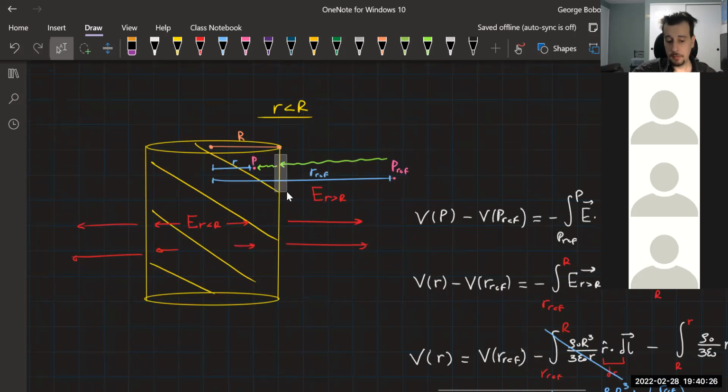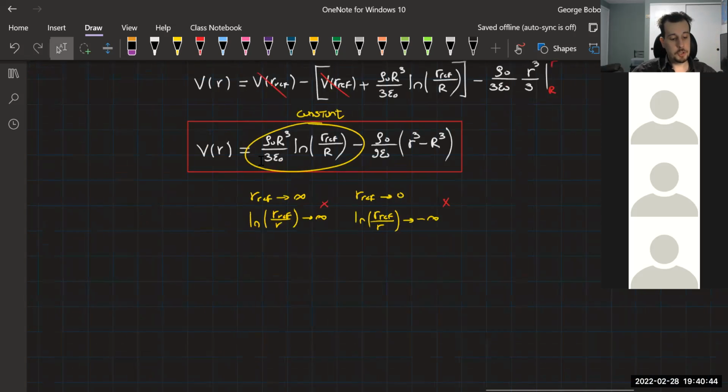That's the logarithm part, and that is actually the contribution of V ref. The second part of the integral tells you about the potential gained coming from the outside into the cylinder, and this continues the story into the cylinder.